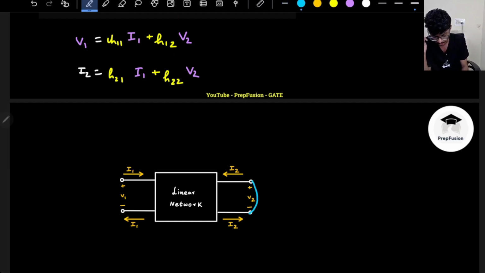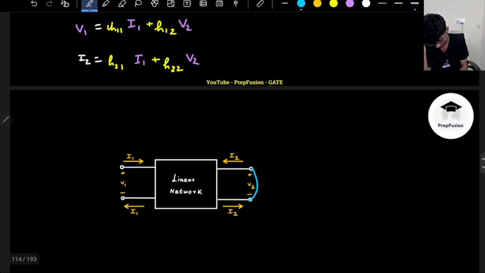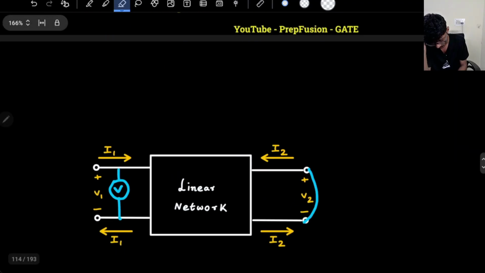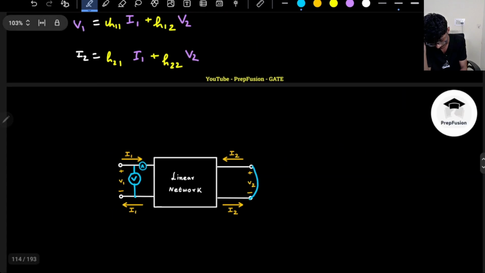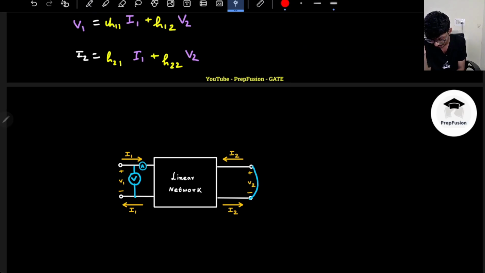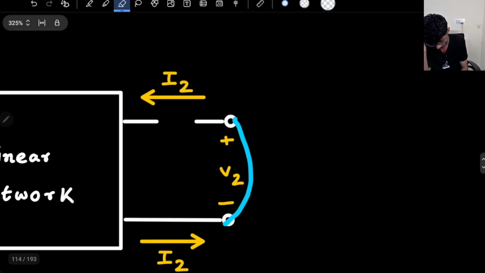Then I will have a voltmeter that measures the voltage across port 1, and an ammeter in port 1 that measures the current. I will also have an ammeter in port 2 because I need to measure I2 to find H21.